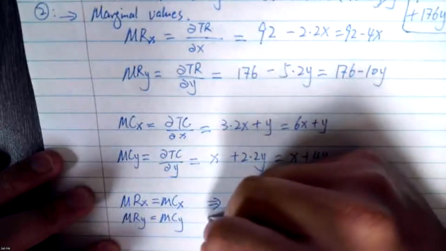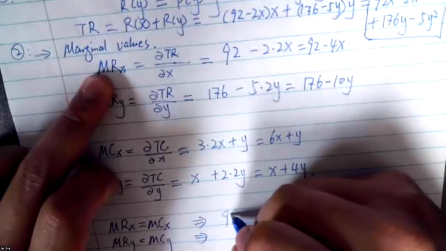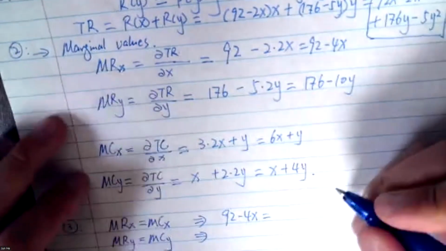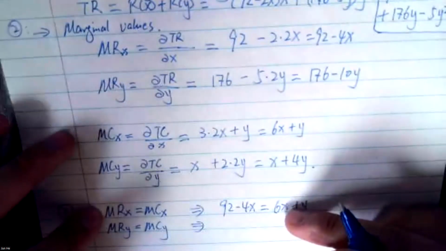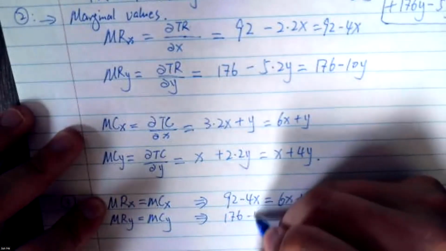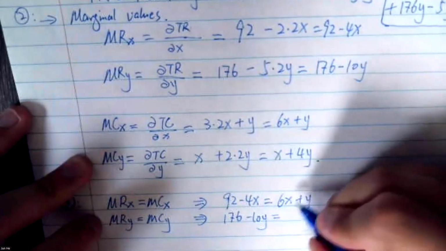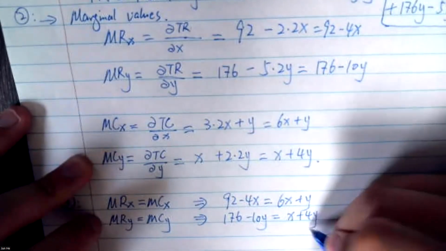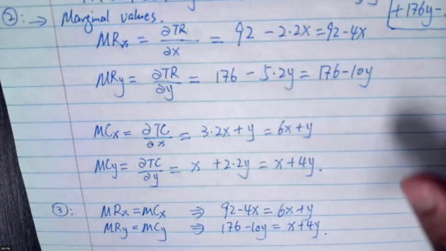So here we have marginal revenue of x, 92 minus 4x, equal to marginal cost of x, 6x plus y, and we have 176 minus 10y, that is the marginal revenue of y, equal to marginal cost of y, x plus 4y. Okay. Then we just need to solve this system of equations.